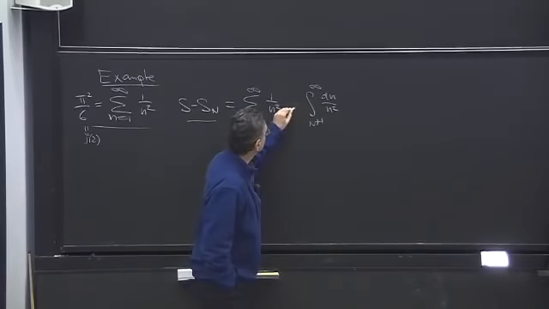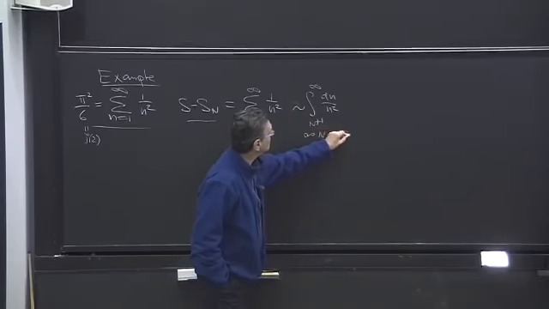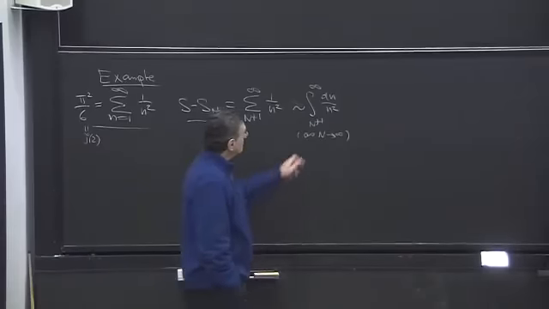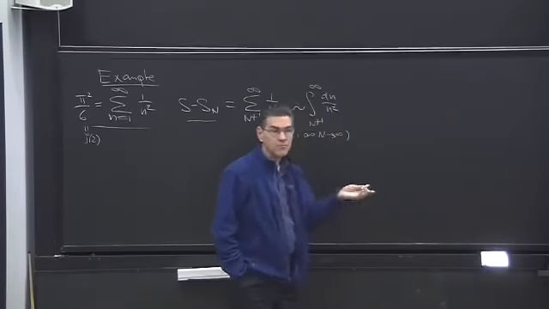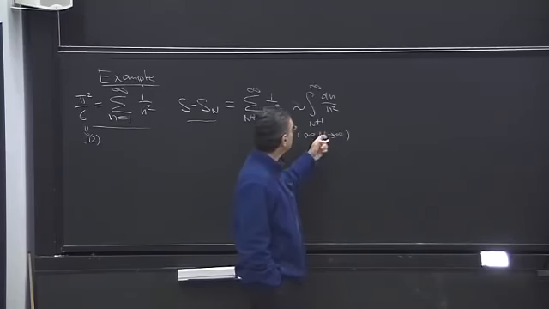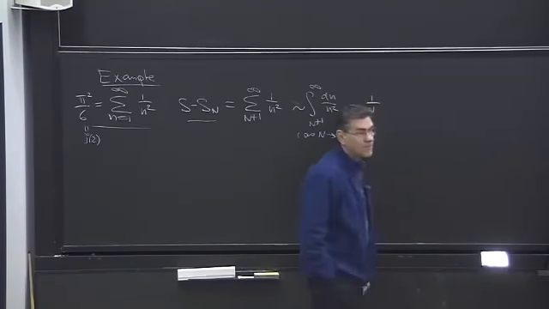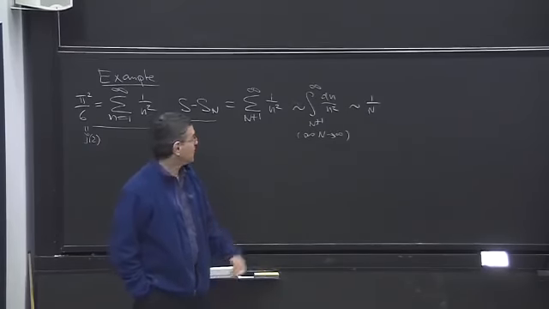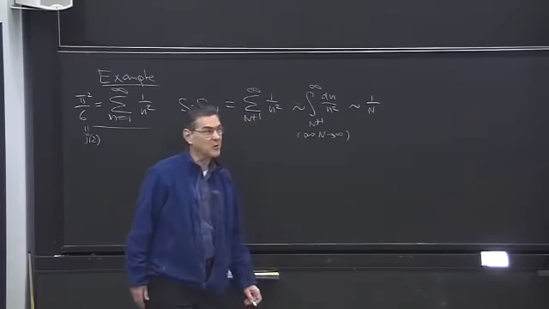Actually, it's asymptotic as n goes to infinity. And the integral of dn over n squared is minus 1 over n. You evaluate it at the lower endpoint, and this is 1 over n. It's really 1 over n plus 1, but 1 over n is asymptotic to 1 over n plus 1.